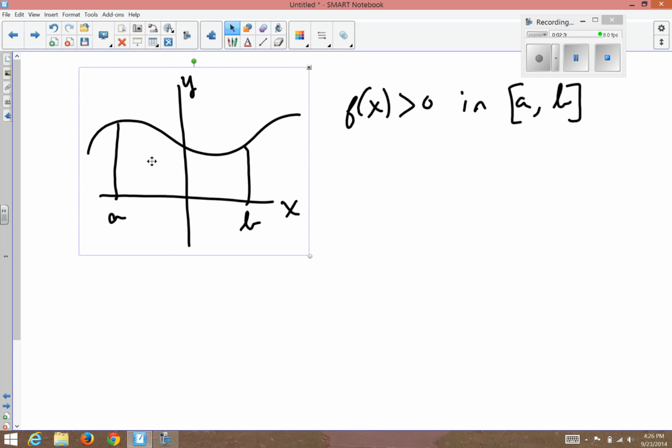When we slice up this region, which has a curvy top to it, into rectangles, we might use right rectangles, like I'm doing right now. We might use many right rectangles and get something called the right rectangle approximation method.